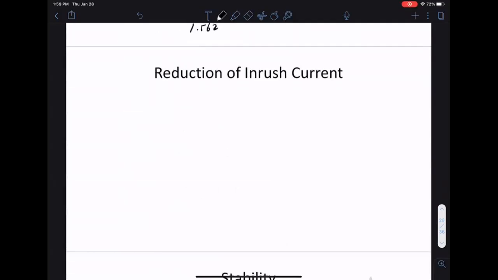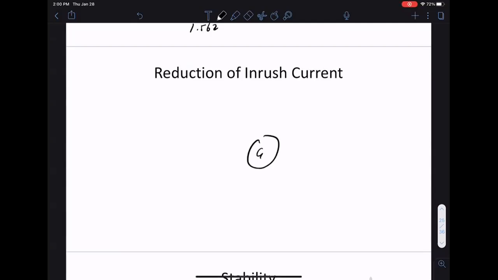So can you think of ways to reduce the inrush current? Think back to 351. What devices do we have that can maybe damp out this current somewhat? Okay, so what I have is the generator.